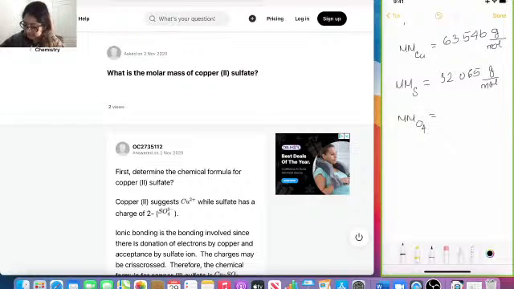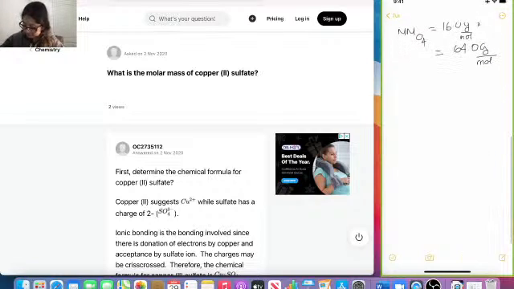The atomic mass of one oxygen atom is 16.0 grams per mole. Since we have 4 in this case, you multiply this by 4, and you get 64.0 grams per mole. The last step is to add all these numbers together.